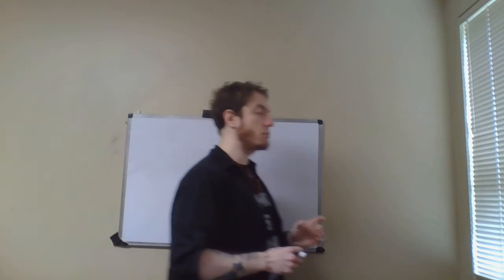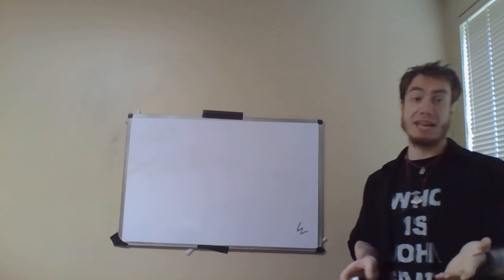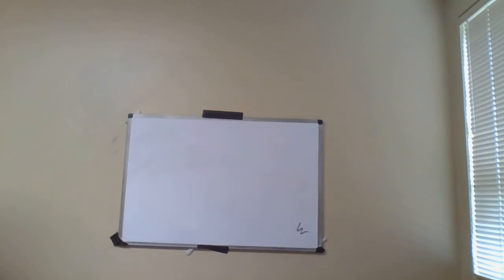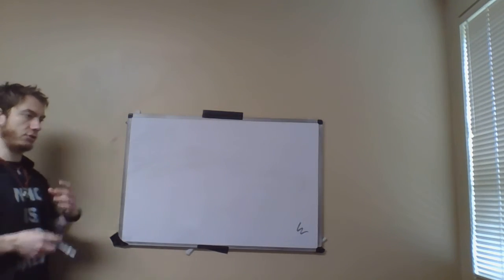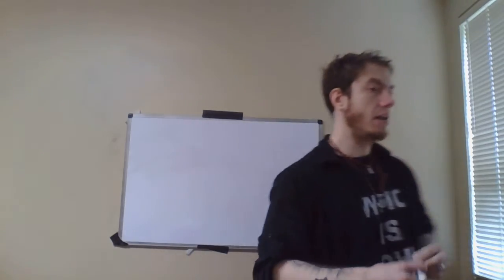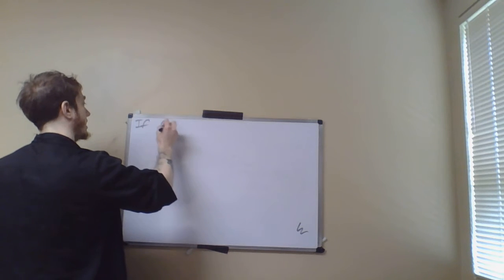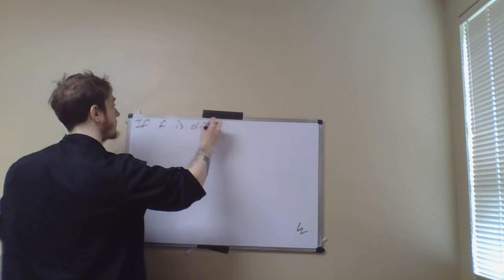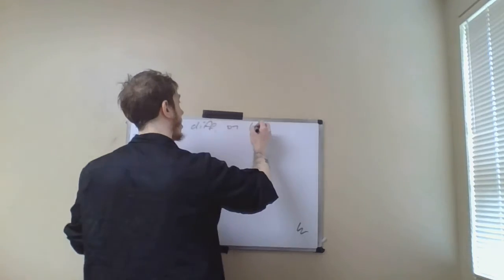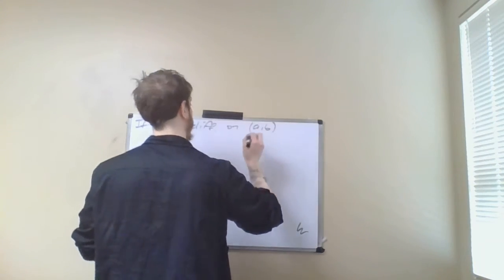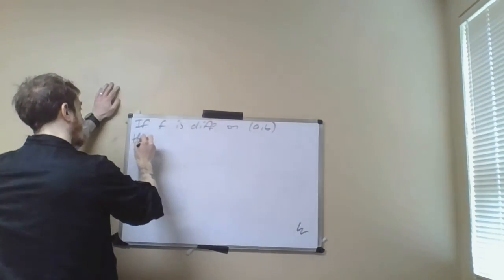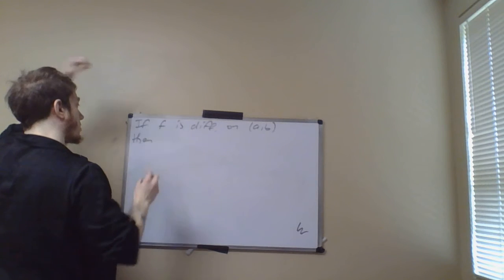There might be other ways of doing it, but the mean value theorem is one that gives it to us almost immediately and without having to think explicitly about limits. So we're going to use that. So let us suppose that f is differentiable on an open interval a to b, then the following are equivalent.